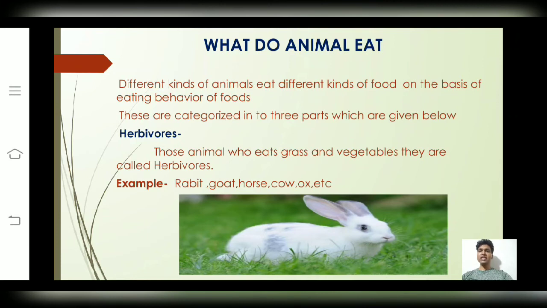The first one is herbivorous. Herbivorous means those animals who eat grass and vegetables. They are called herbivorous. It means those animals who are not habitual to eat meat or non-veg are called herbivorous. For example, rabbit, goat, horse, cow, ox, etc.